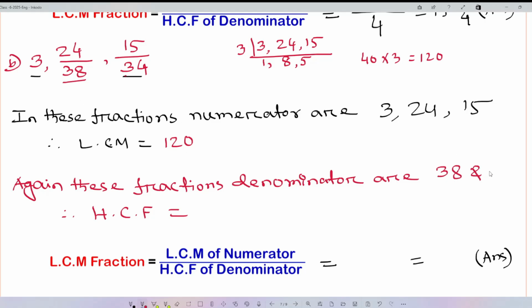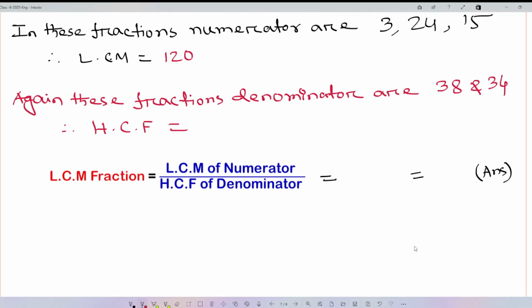Again, this fraction's denominators are 38 and 34. If you find the HCF, 38 we can write 1 times 2 times 19, and 34 we can write 1 times 2 times 17, because 19 times 2 is 38 and 17 times 2 is 34. So which one is common? 1 and 2, right? So 1 times 2 is 2.